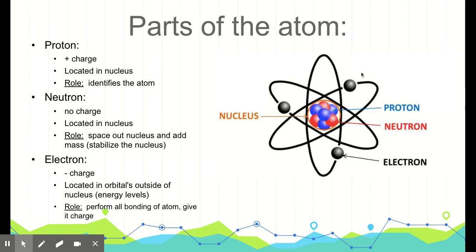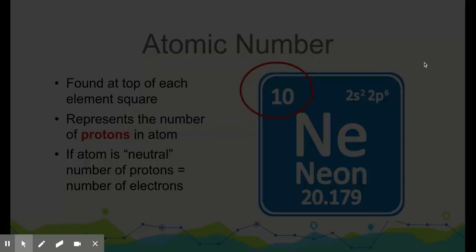They do have certain pathways that they follow called orbitals. We will talk about those in a couple of days. Electrons are very, very tiny and have almost zero mass. They are negative in charge. These are probably the most important pieces for chemistry because the electrons are what allow different atoms to bond.